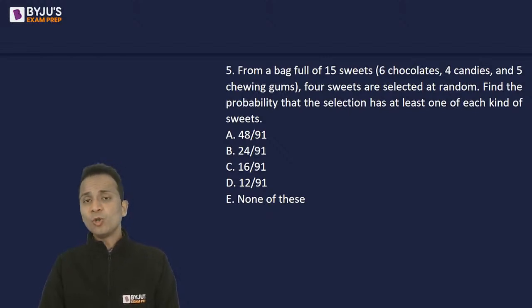Now, from a bag full of 15 sweets, which are 6 chocolates, 4 candies, and 5 chewing gums, 4 sweets are selected at random. Find the probability that the selection has at least one of each kind of sweets.